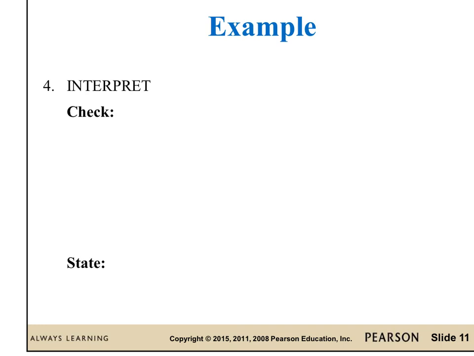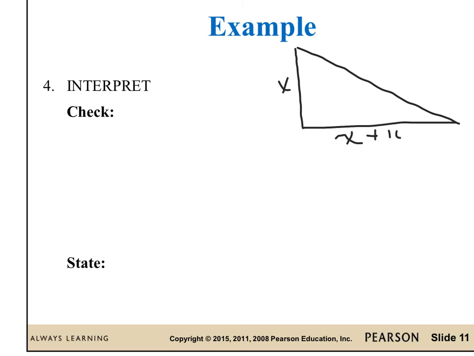And so the way that I'm going to do that is I'm going to recreate the sketch of the triangle, remembering that the shorter leg we called x, the longer leg was x plus 10, and the hypotenuse was 2x minus 10.